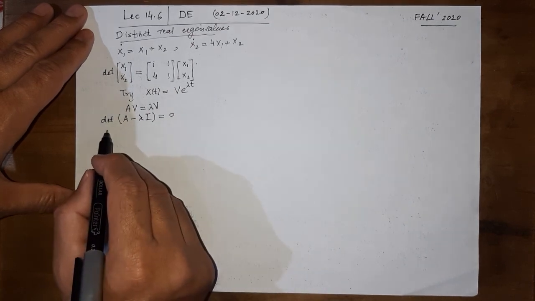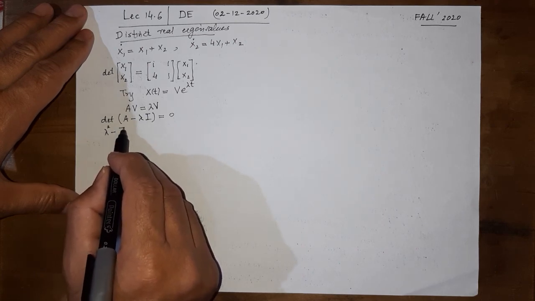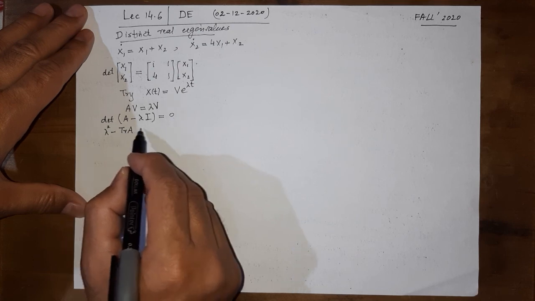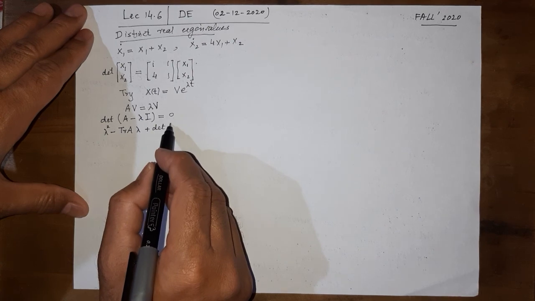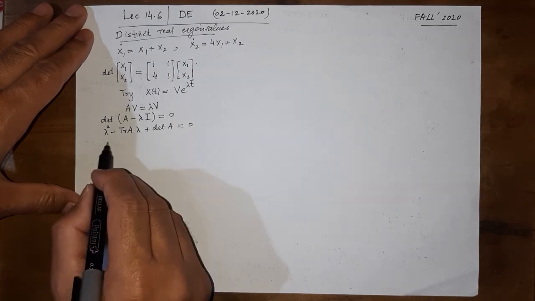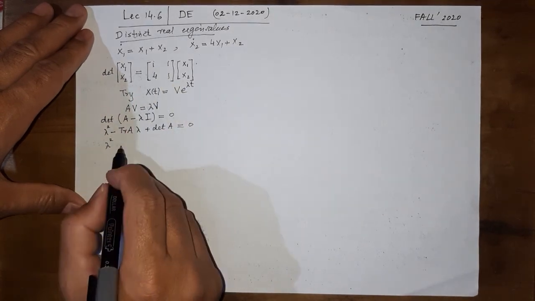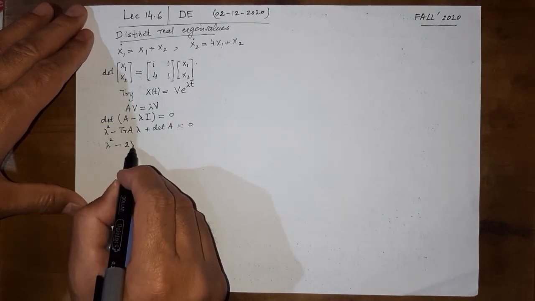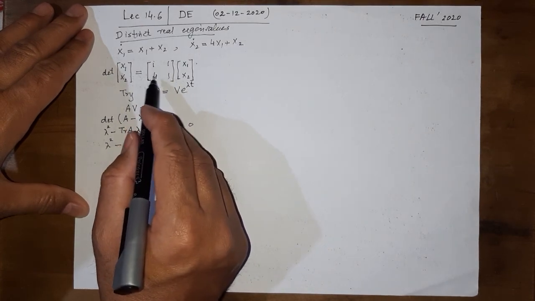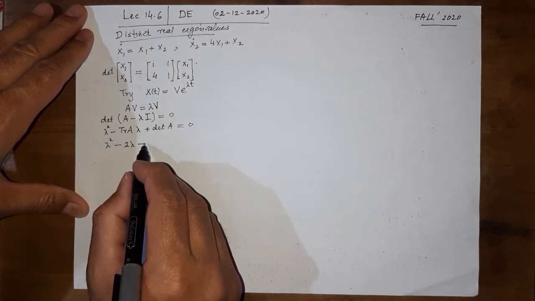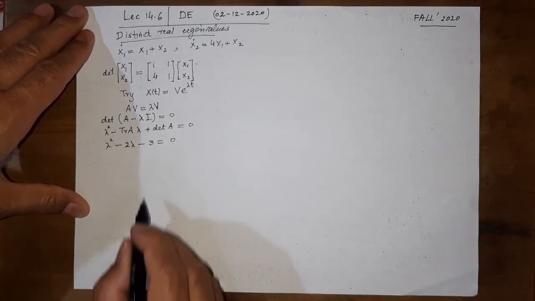And what is this? We saw that it was lambda square minus trace of A into lambda plus determinant of A equal to 0. So once again it is lambda square minus 2 lambda, since the trace of A is 2, and the determinant is 1 minus 4, which is minus 3, equal to 0.